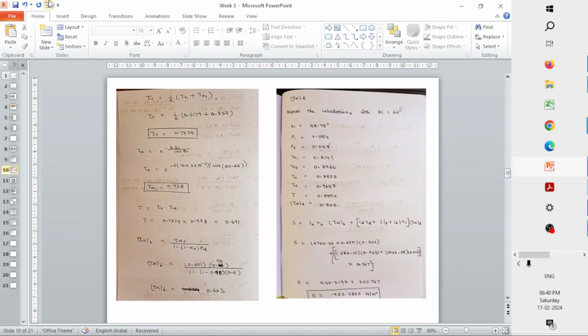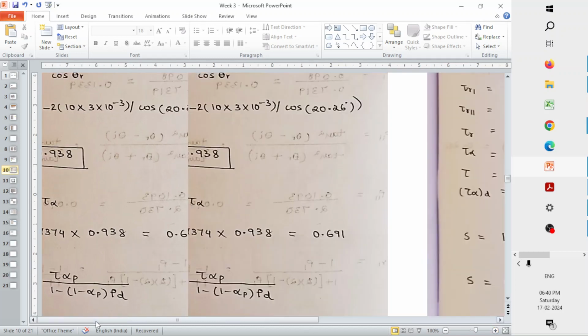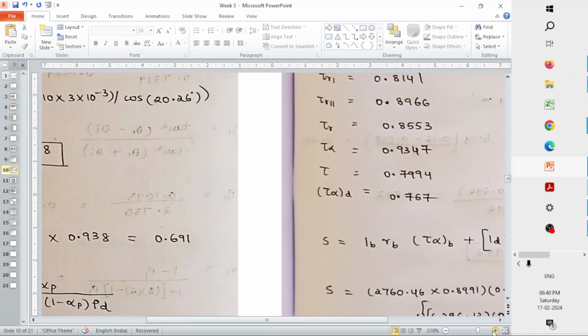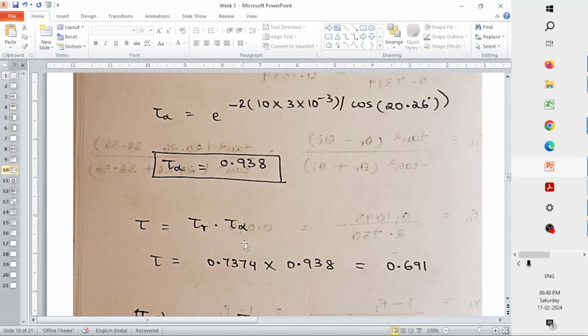As I said, tau is tau r times tau alpha. That will give you a total transmissivity due to all the components, not just reflection and refraction but also absorption. Tau alpha we have now calculated as 0.938, tau r we calculated previously as 0.73745, so if you multiply that, you will get 0.691.